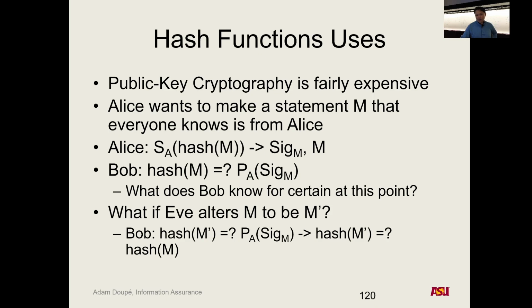Okay. So what if Eve alters M to M prime? In this case, Bob can hash M prime and compare it with this publicly announced signature.